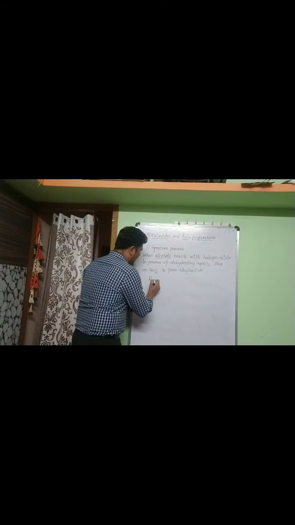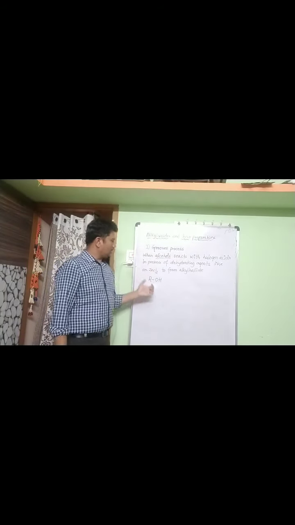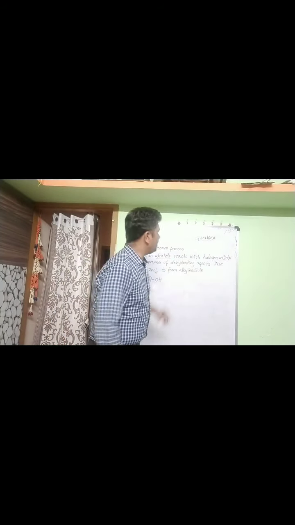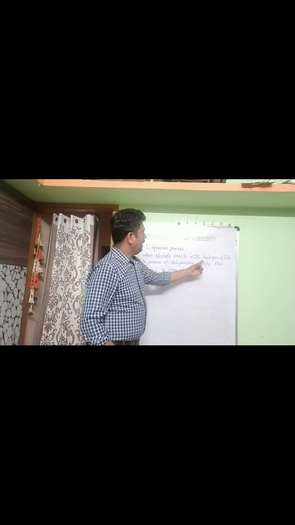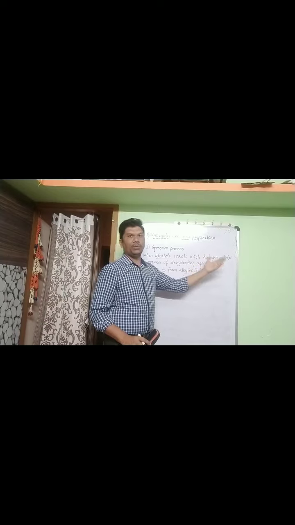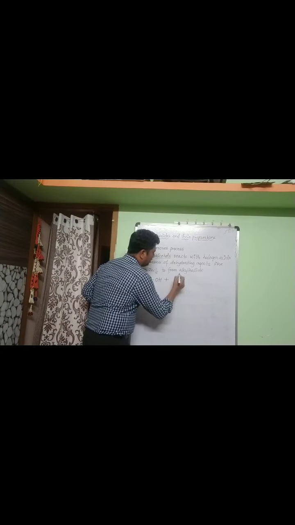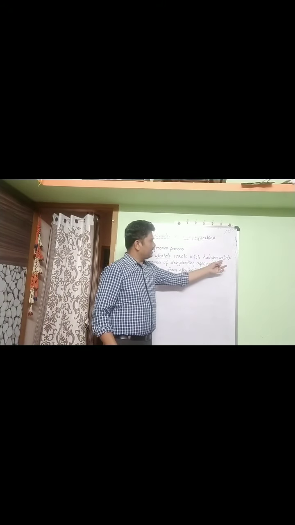So I'll write ROH here. So when alcohols, that is ROH, react with halogen acid. Halogen means group number 17, that is fluorine, chlorine, bromine, iodine. So halogen can be represented by symbol X.